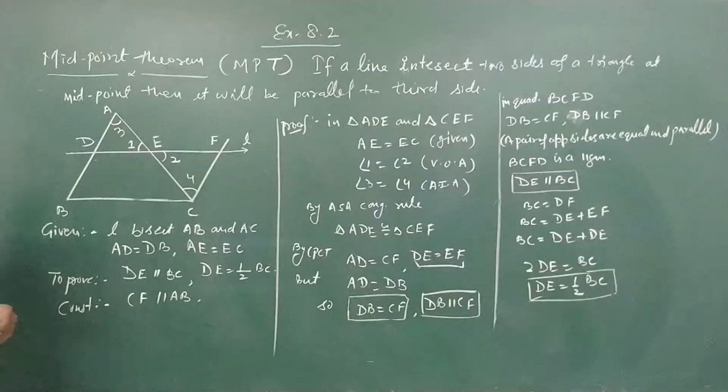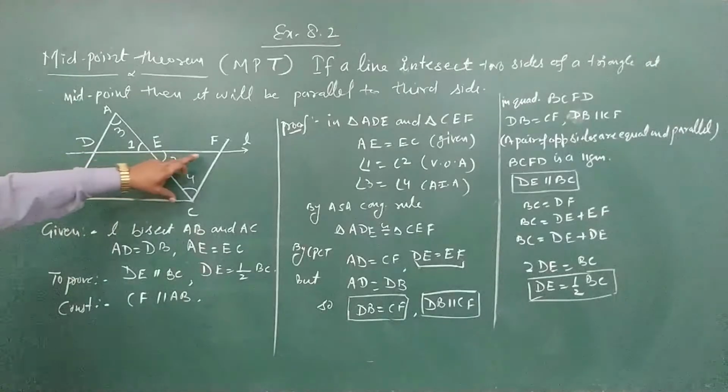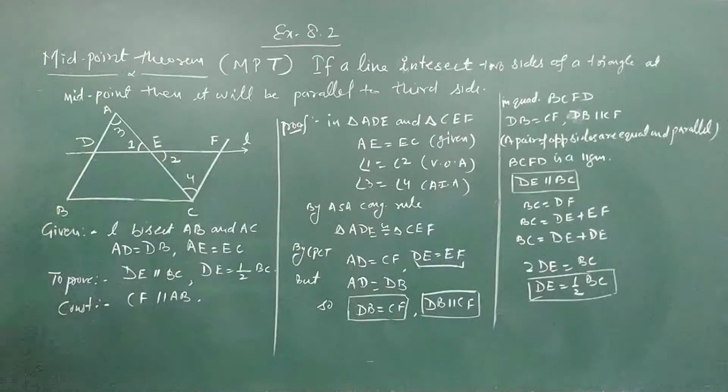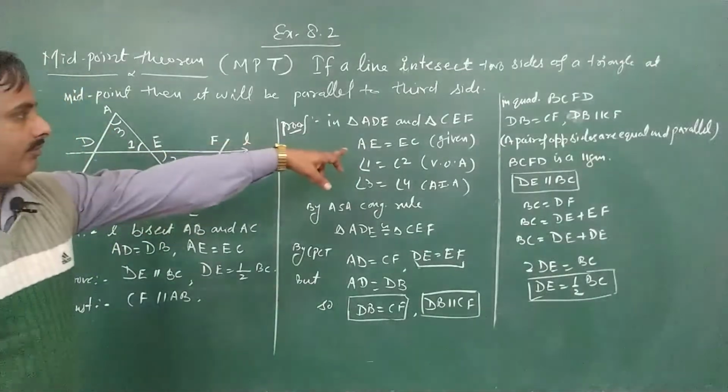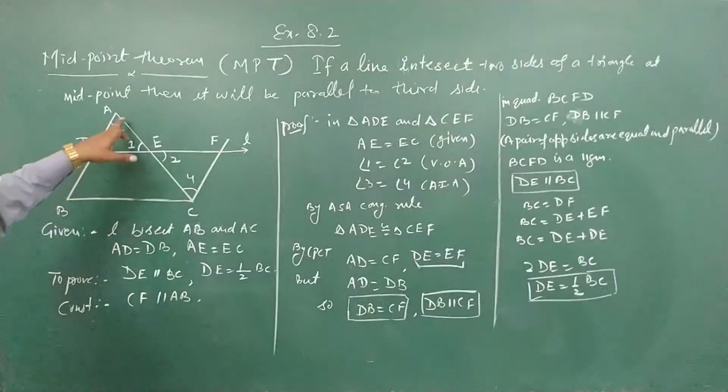So how will we prove it? We are using the rule that a pair of opposite sides are equal and parallel. AB is already parallel to DF, means BD is parallel to DF. If we are able to prove that BD is equal to CF, we can say BCFD is a parallelogram. So that is what we did here, two triangles ADE and CEF. Now AE is equal to EC, it's given.